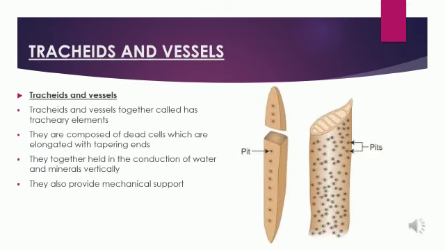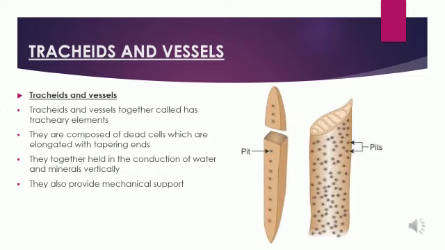First, let us study about tracheids and vessels. These tracheids and vessels are together called tracheary elements. These are composed of dead cells which are elongated with tapering ends. They together aid in the conduction of water and minerals vertically.